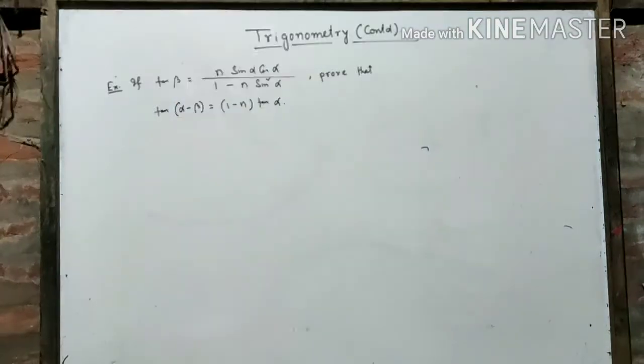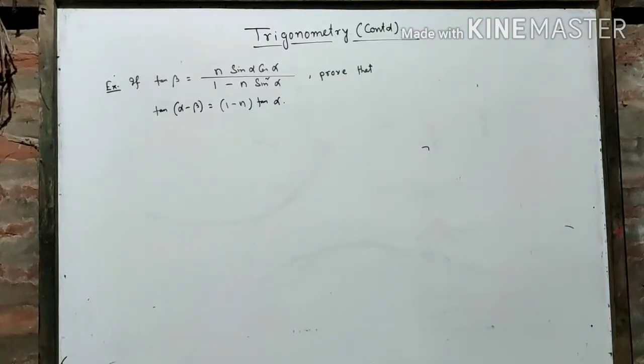Okay. So the question is, if tan beta is equal to n sin alpha cos alpha divided by (1 minus n sin square alpha), prove that tan of (alpha minus beta) is equal to (1 minus n) tan alpha.